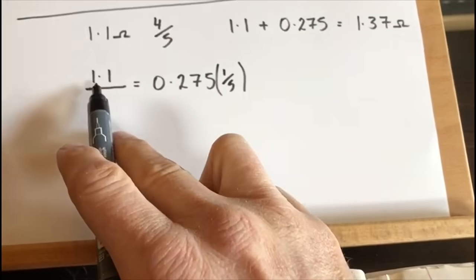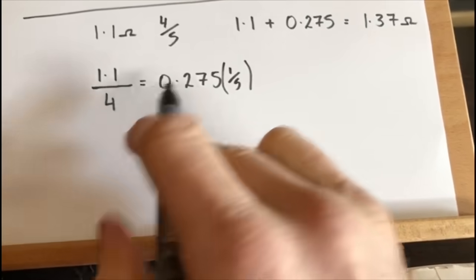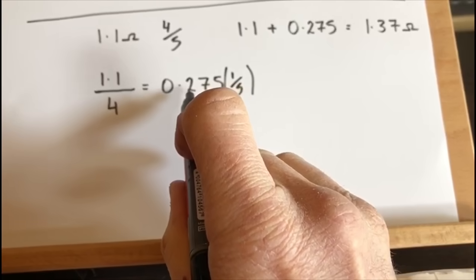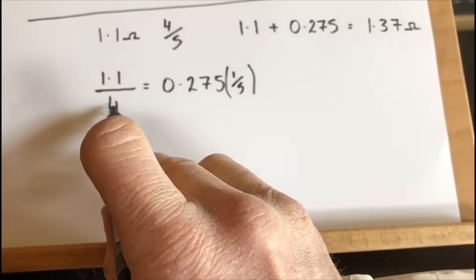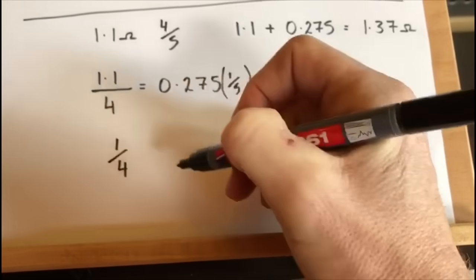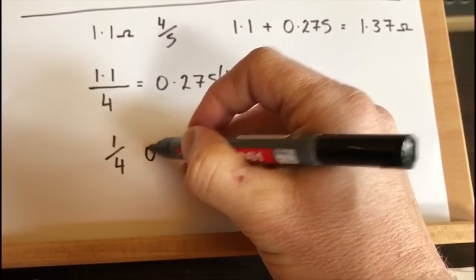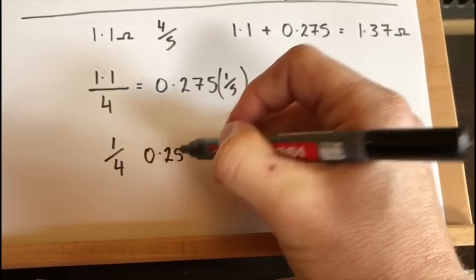Now, when we have divided this 1.1 by 4, this has also actually become a quarter of this, which as a decimal is 0.25.